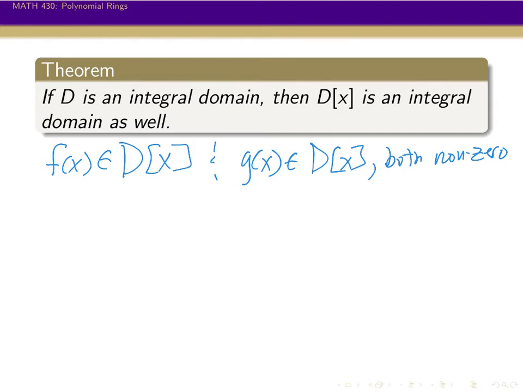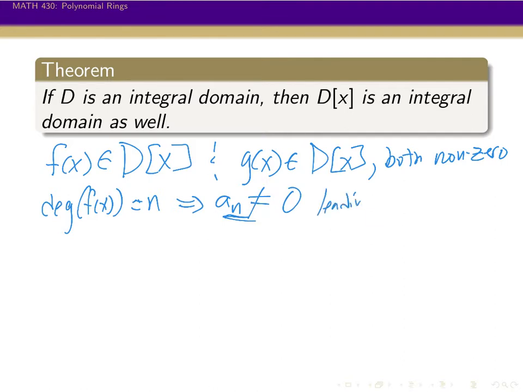Well, let's say the degree of f of x is equal to n, and that means that a sub n is not equal to 0. This is the leading coefficient of f of x.